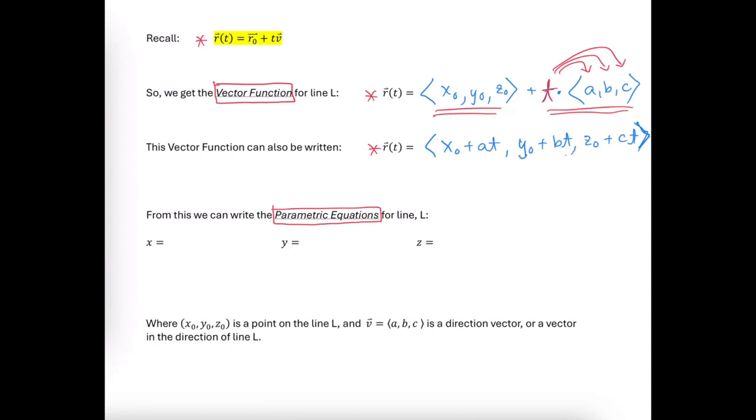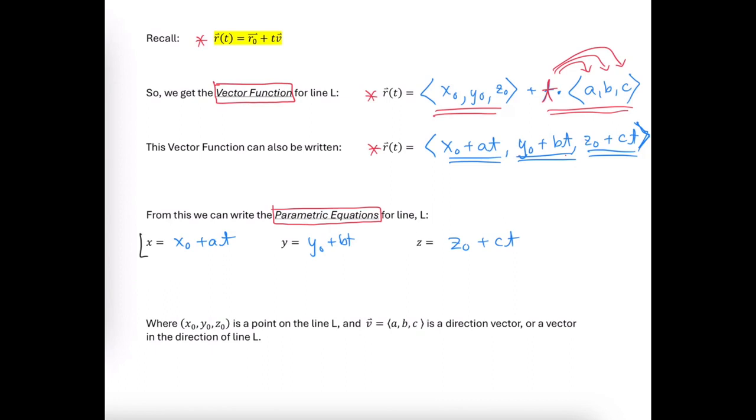Those parametric equations would be another way to express the equation of this line. So we would say x naught plus at coming from the x component in the vector form, y naught plus bt coming from the y component in the vector form, and the z parametric equation would be z naught plus ct coming from the z component of the vector function.